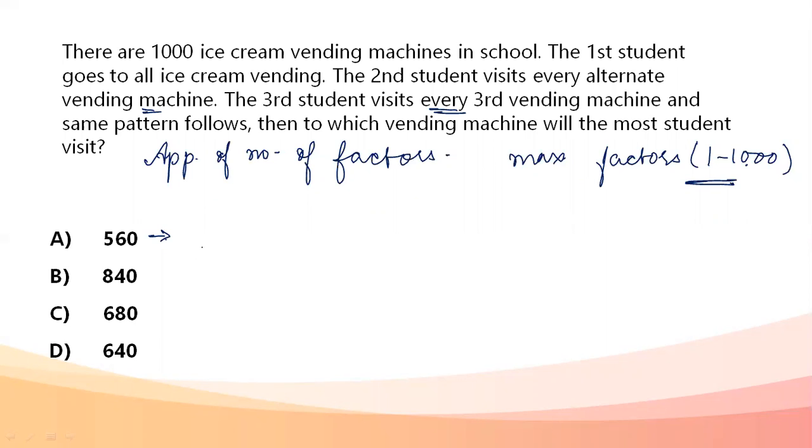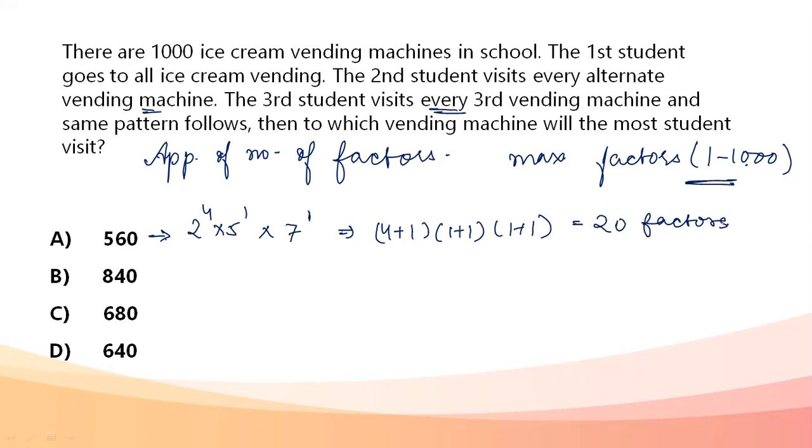So if we talk about 560, 560 is 2 power 4 into 5 power 1 into 7 power 1. Total number of factors becomes 4 plus 1 into 1 plus 1 into 1 plus 1. That is 5 into 2 into 2, comes out to be just 20 factors.